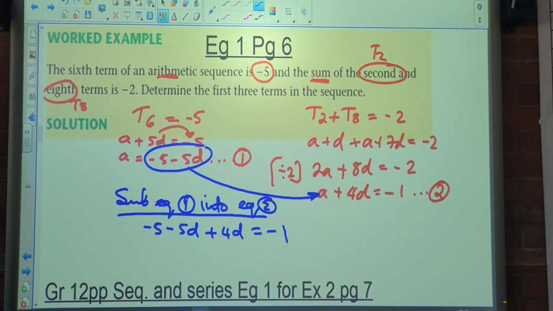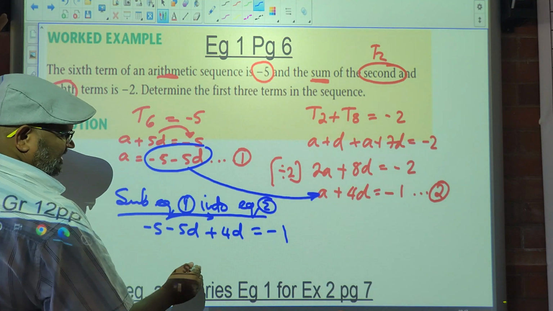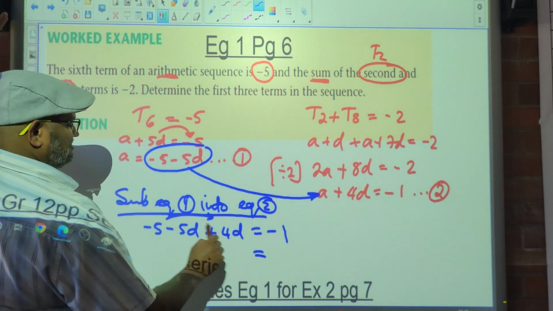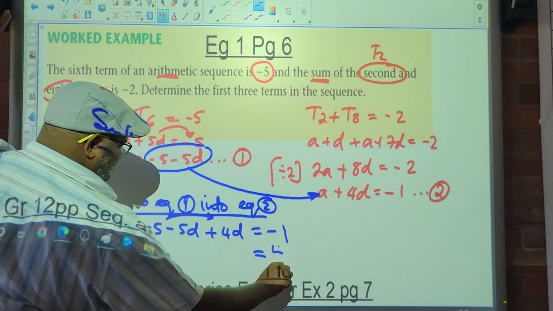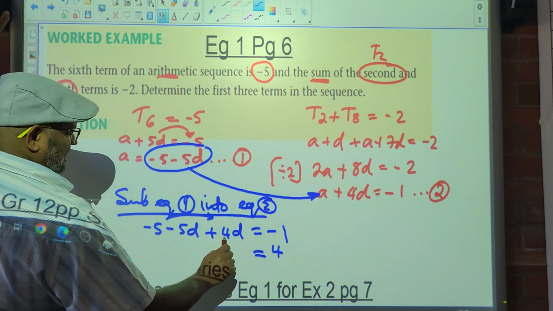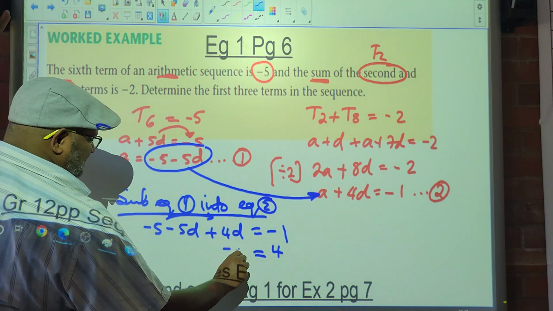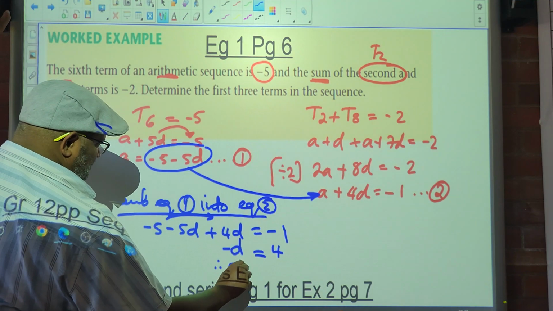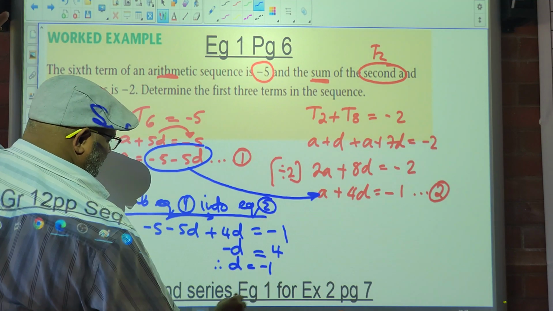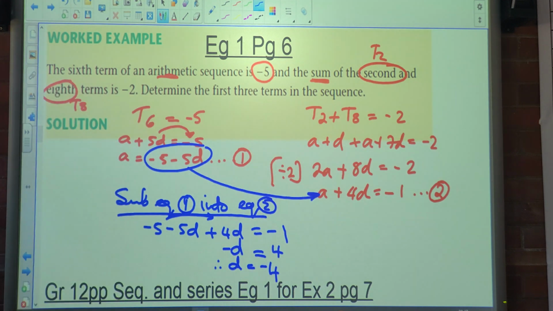You all agree with that? So, you take the negative 5 over, it becomes negative 1 plus 5, which is 4. Negative 5d plus 4d is negative d. Therefore, d works out to be negative 4.